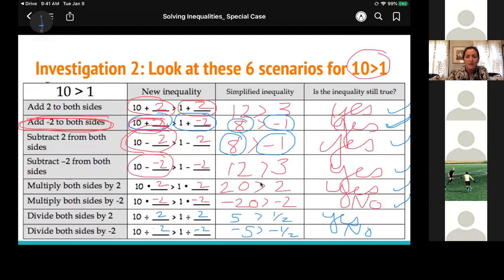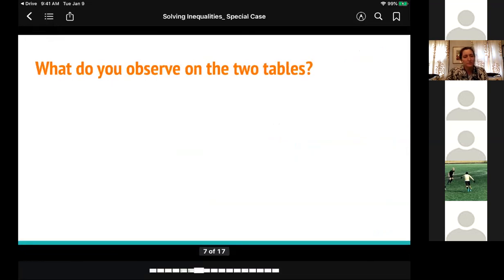All right. So you should have ended up with two times where it was no. You should have ended up with the multiply both sides by -2 and divide both sides by -2. So based on this activity, my next slide is asking, what do you observe? When are these no's happening?